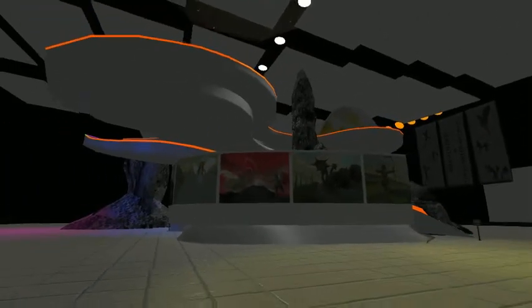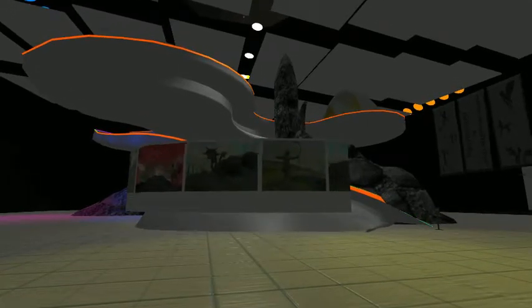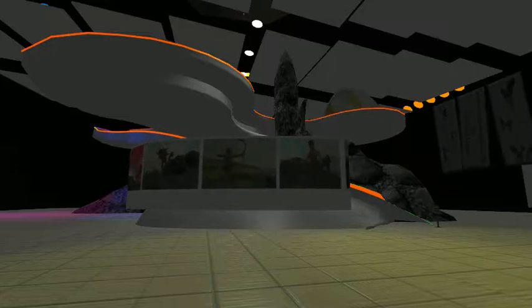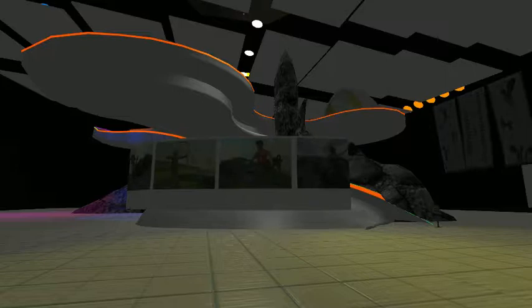So basically, this project was originally just 3D renders and models in Maya of this futuristic museum about Greek mythology.